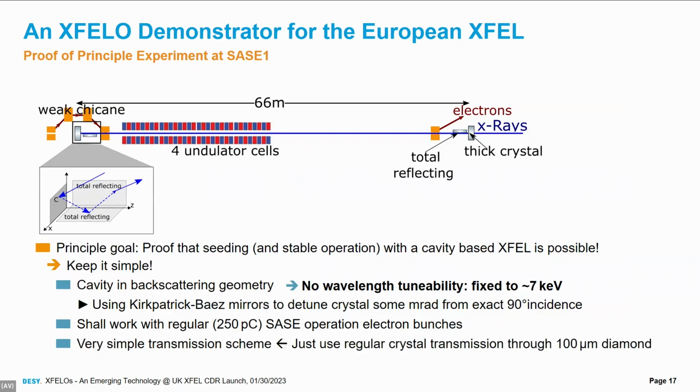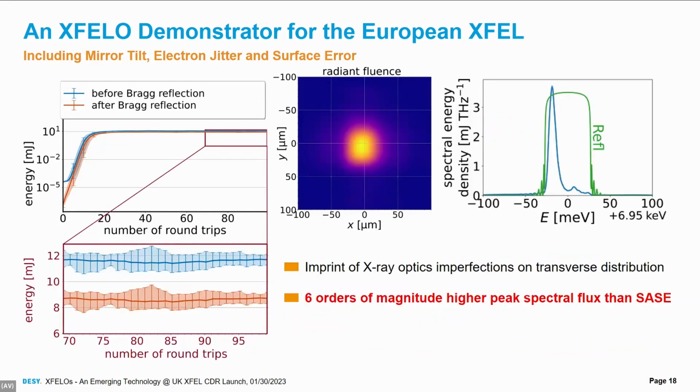And it's using a very simple transmission scheme. The outcoupling basically just uses regular crystals, 100 micrometer thick diamond. We will see in a while how this works. So this is basically the radiation from a full-scale simulation at 7 keV, including 100 nanoradian mirror tilt, electron jitter from the source, and surface errors of the different crystals and mirrors we have in the system.